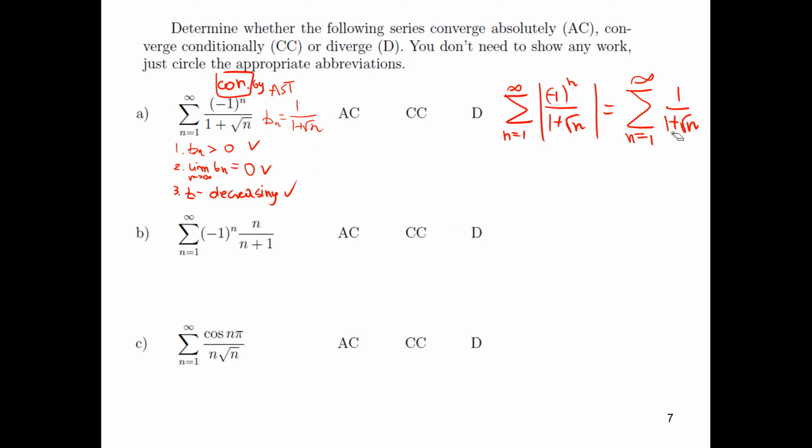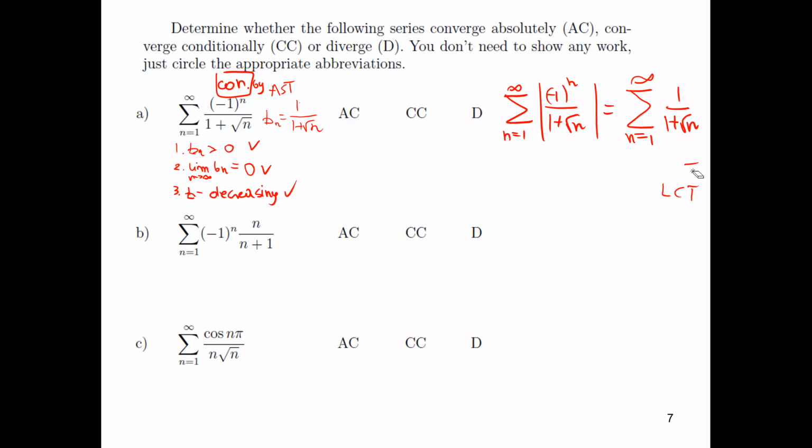We can use comparison, direct comparison probably, or maybe limit comparison. Both of them could work sometimes, or maybe the direct is not working. Direct is not working because I will compare with 1 over root n, and my denominator will be bigger, so the whole fraction is smaller.